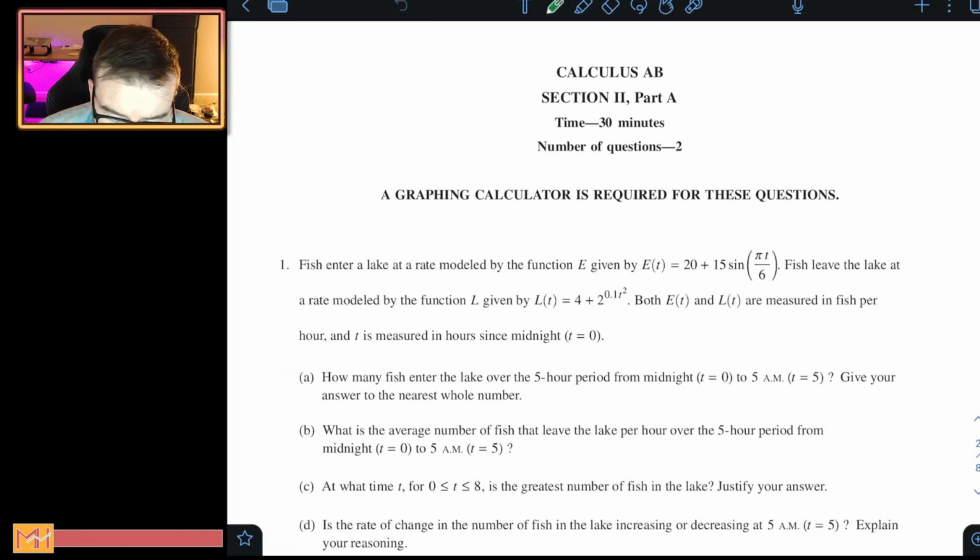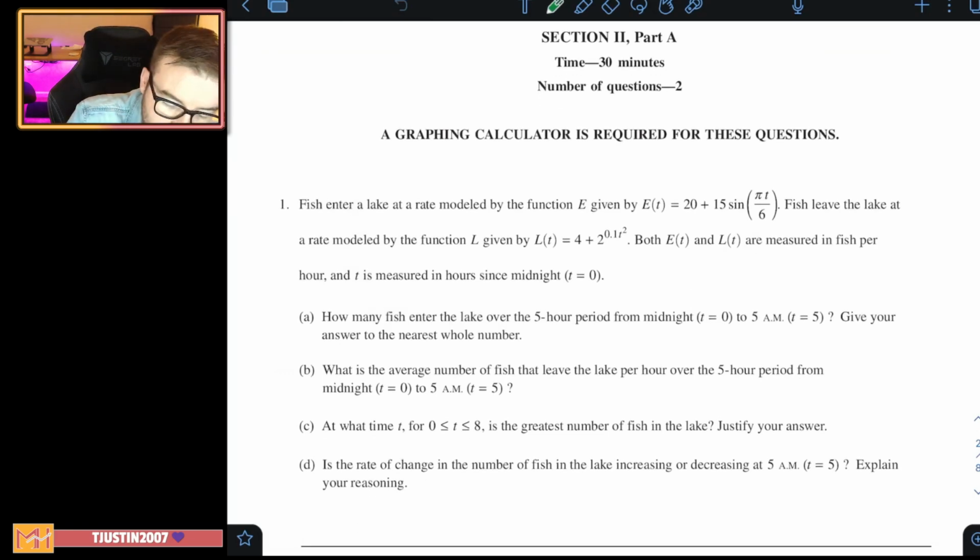Both E of t and L of t are measured in fish per hour, and t is measured in hours since midnight, t equals 0. How many fish enter the lake over the 5-hour period from midnight to 5 a.m.? Give your answer to the nearest whole number.